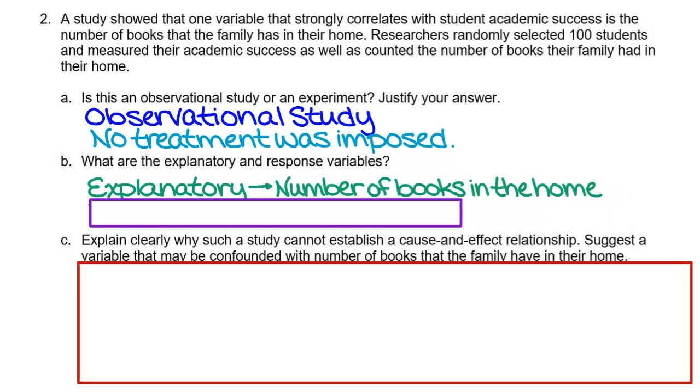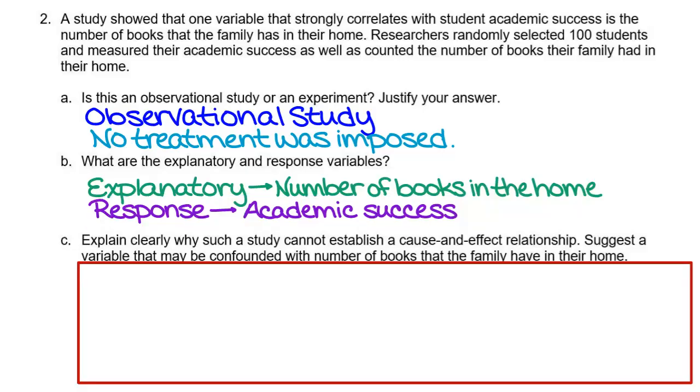Whether or not the family has books in their home, or the number of books in their home, depending on how you're recording this variable. If you're recording it as a categorical variable, it would be whether or not they have books in their home. If you're recording it as a quantitative variable, then it would be the number of books in the home. And what would the response variable be? Academic success.